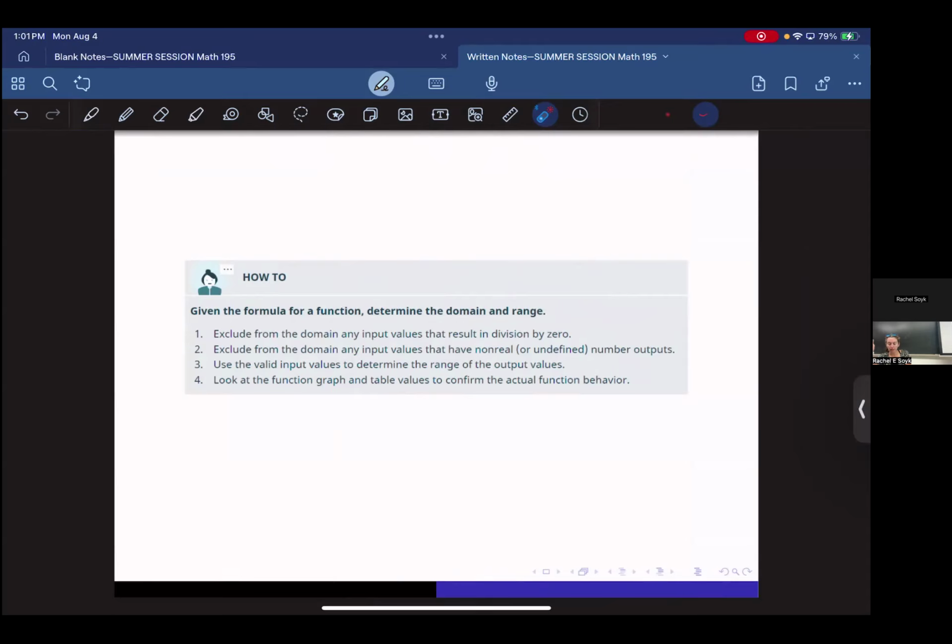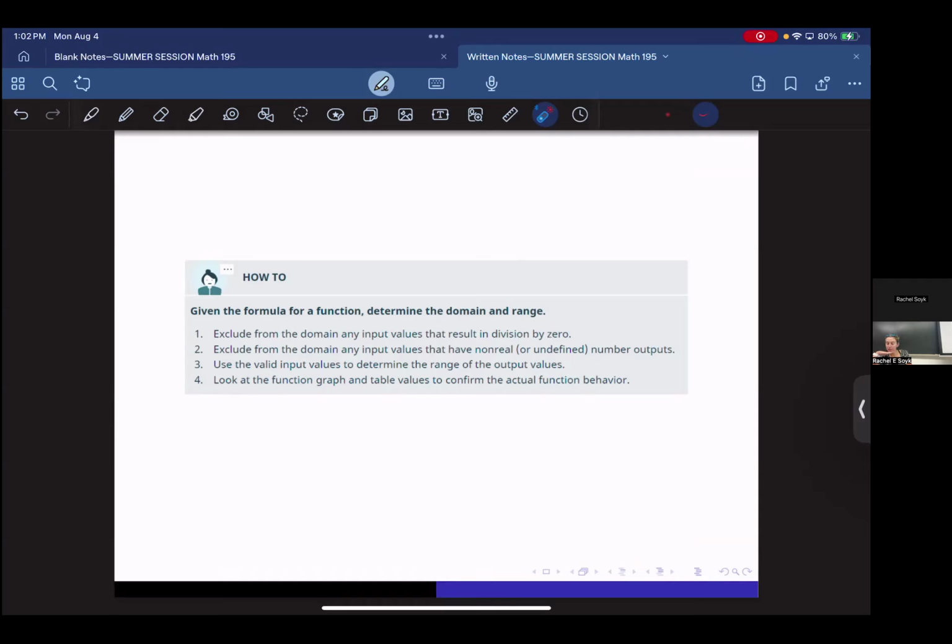And then this is just the step-by-step procedure in finding domain and range when you're given a formula function. And so with domain, just like we've done earlier, you want to identify your restrictions and where all of the values are undefined.